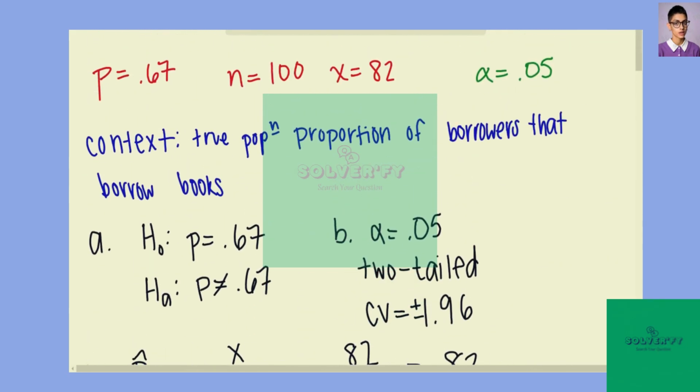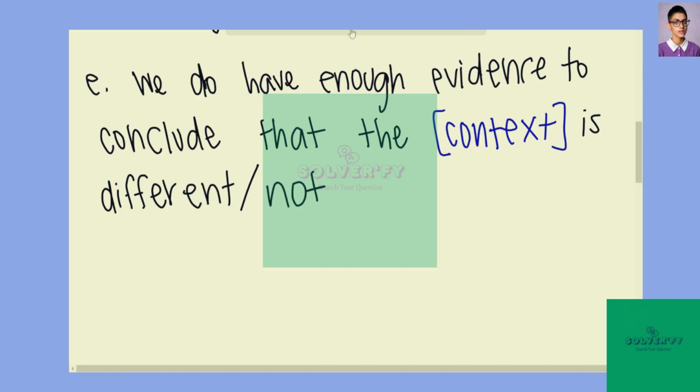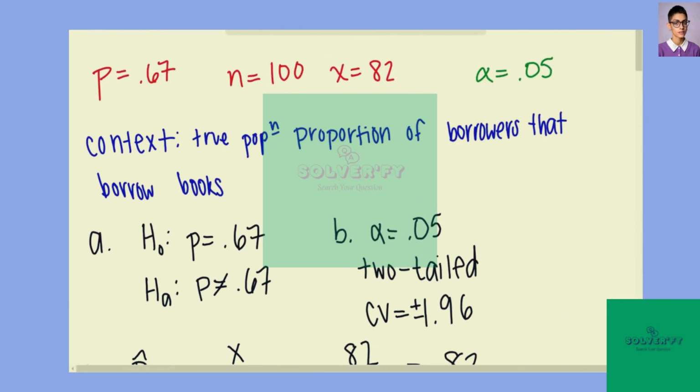It's where the true population proportion of borrowers that borrow books is different than, or is not, 67%. So that's our answer.